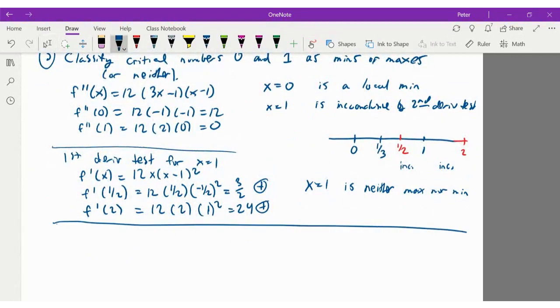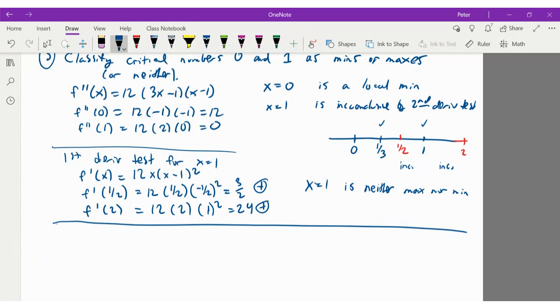Okay, now what we need to do is consider the concavity on either side of these points to see which ones are inflection points. The 2 points with the check marks, those were the ones where f double prime was found to be 0. So what we want to do is check the second derivative on either side of those points.